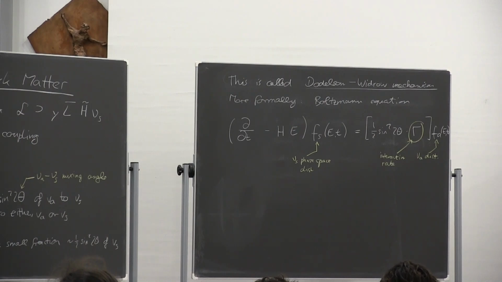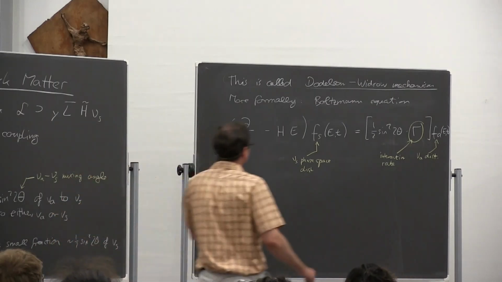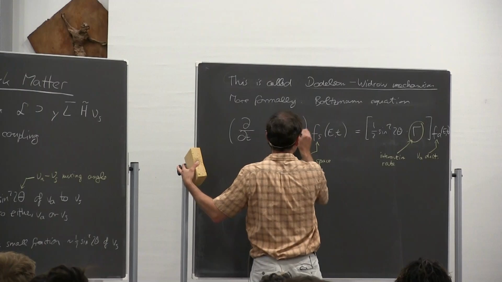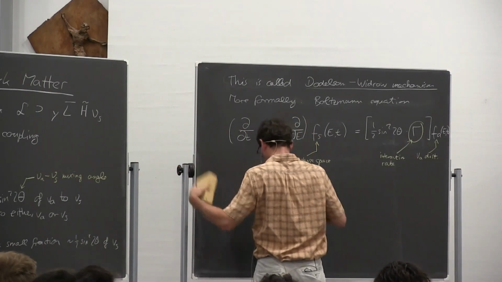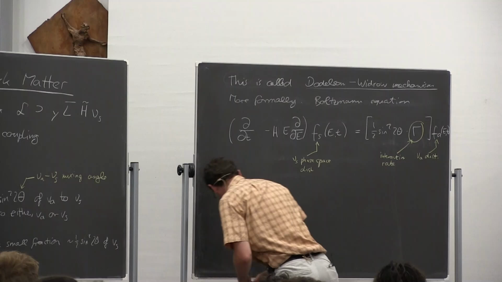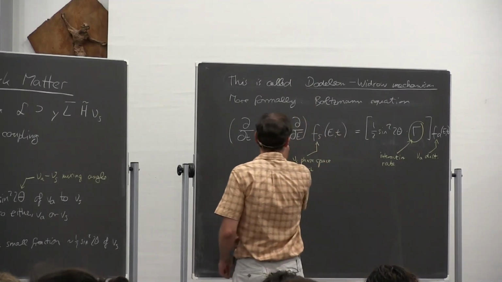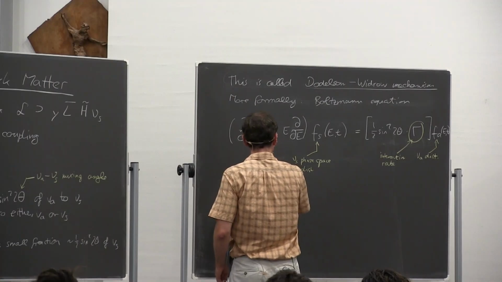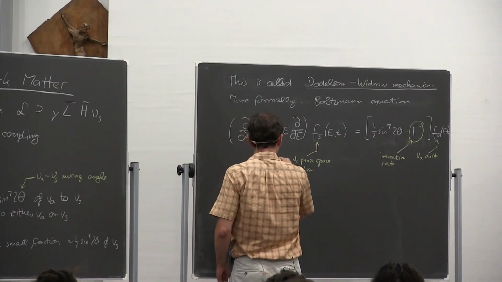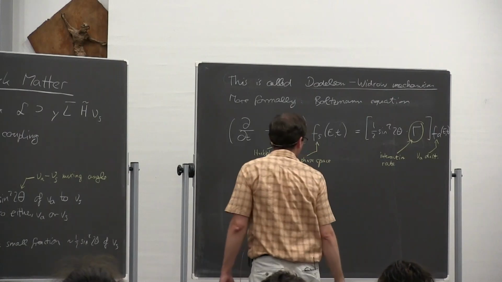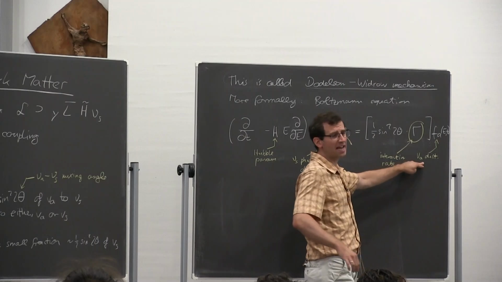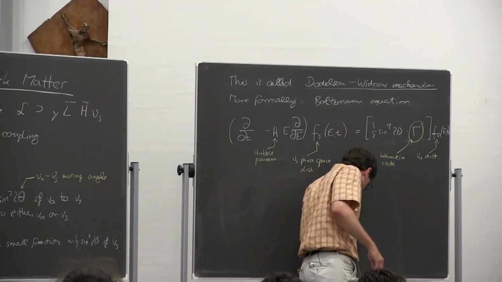The sterile neutrino distribution, oh, and I forgot an important derivative here. So this is not just Hubble times E, this is Hubble times E times d over dE. So H is the Hubble parameter. The active neutrino distribution can be taken to be simply a thermal distribution.